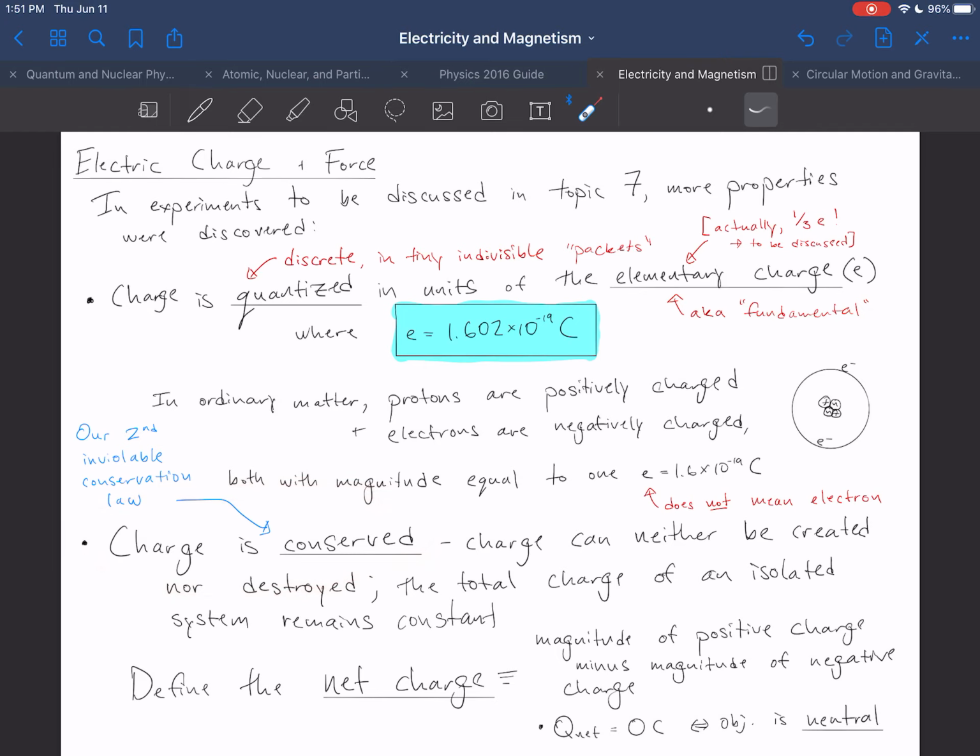Again, the experiments that demonstrated this were conducted significantly later in time, but these form our modern understanding of the model of charge. We also define the net charge as the magnitude of the positive charges minus the magnitude of the negative charges.